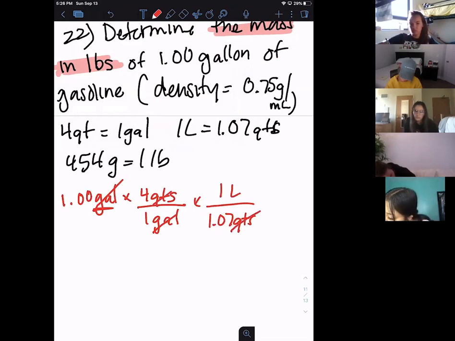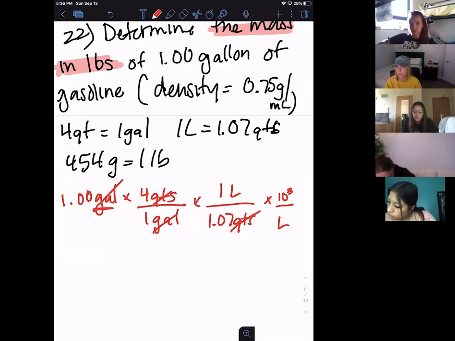We following? And now I know how many milliliters are in a liter. That's something that you need to know. You can write it this way, 10 to the third, or you can say 1,000, right? We good with that?